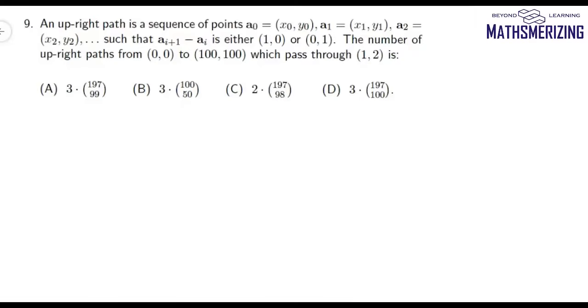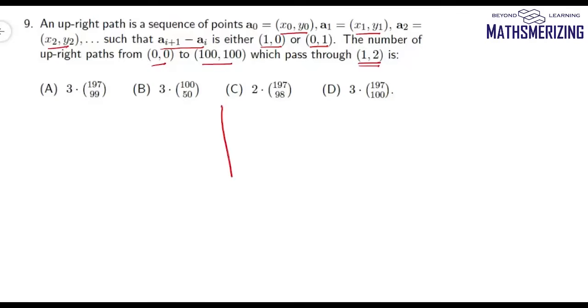Question number 9 says, an upright path is a sequence of points (x0, y0), (x1, y1), (x2, y2) such that a(i+1) minus a(i) is either (1, 0) or (0, 1). We need to find the number of upright paths from (0, 0) to (100, 100) which pass through (1, 2).